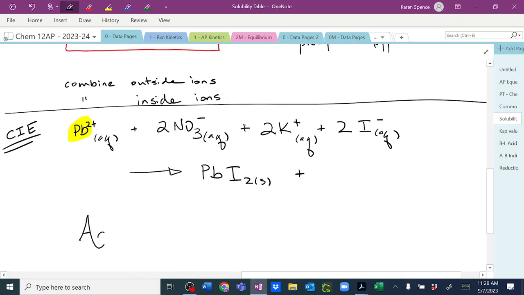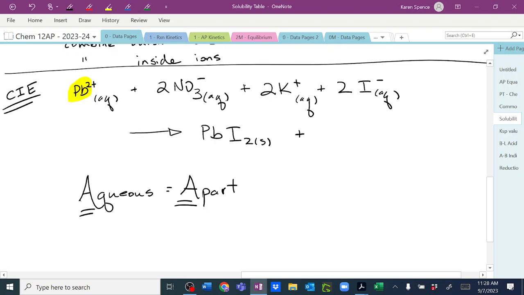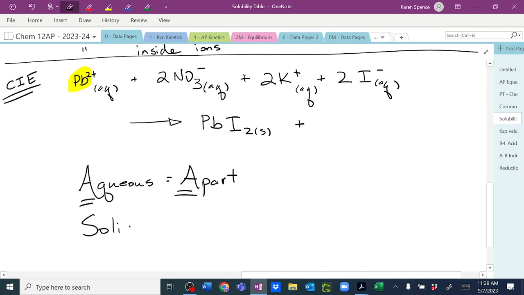Aqueous apart. Ooh, they both start with A. And then solid. Ooh, look. Solid stays together. Gas probably won't come up, but gas stays together too.